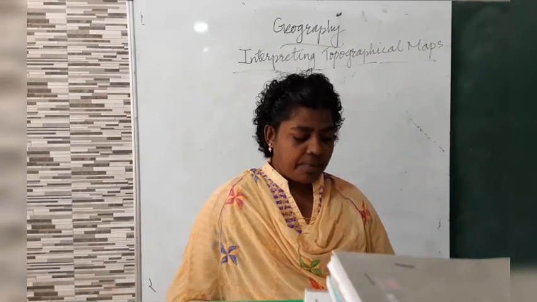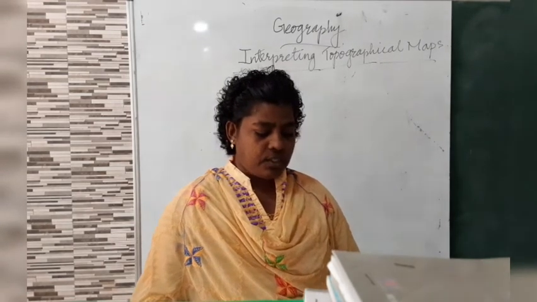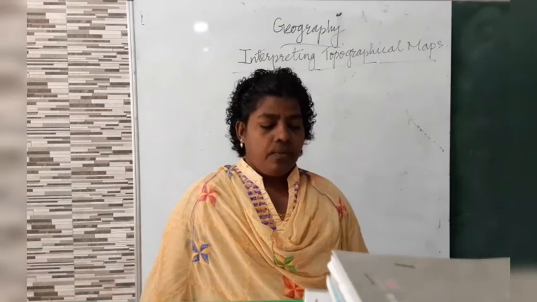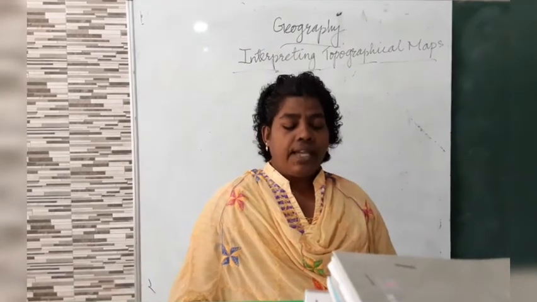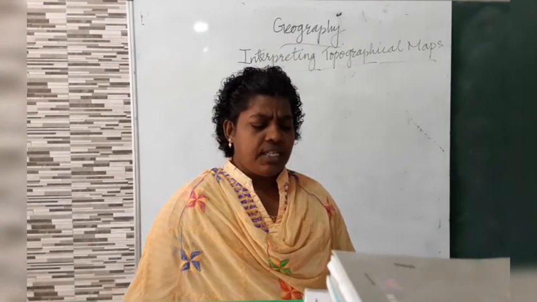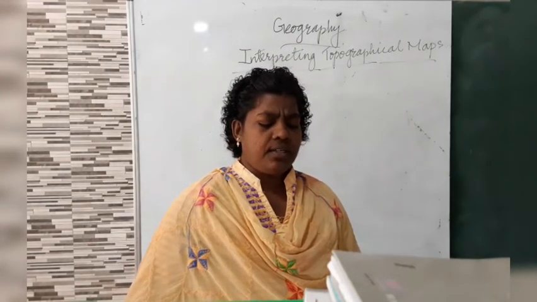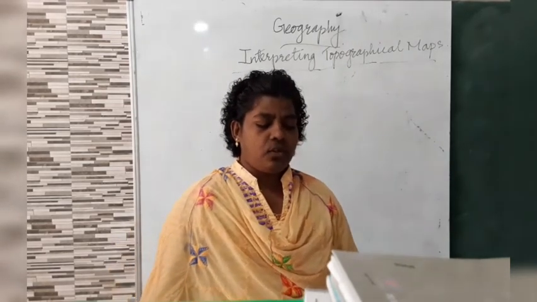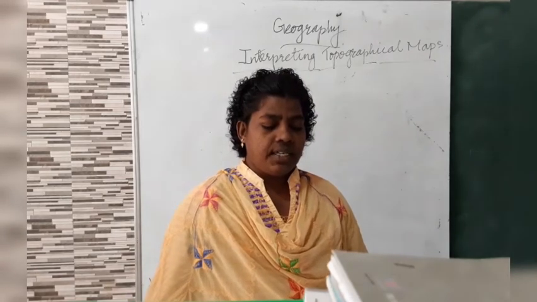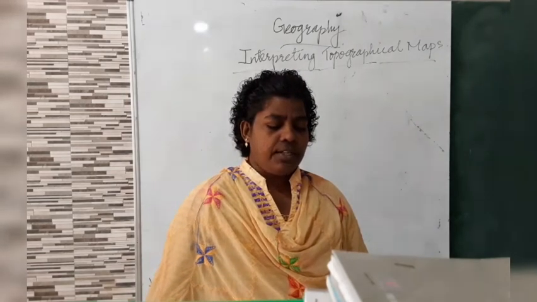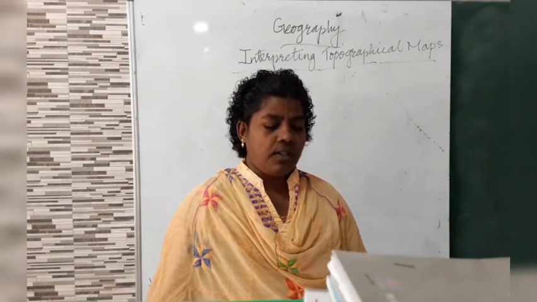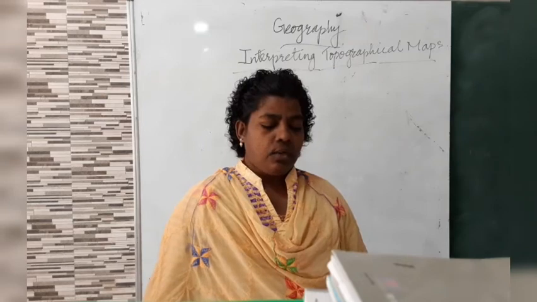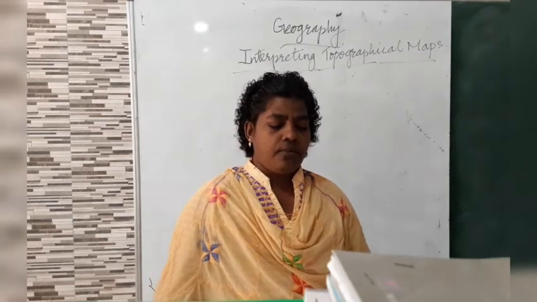Under the subheading representation of relief or elevation on a topo sheet using contours, second paragraph, fifth line last: the difference in height between two adjacent contour lines is known as the contour interval. It is also known as vertical interval. The distance between any two adjacent contour lines is called the horizontal equivalent. The horizontal equivalent is calculated with the help of the scale of a map.